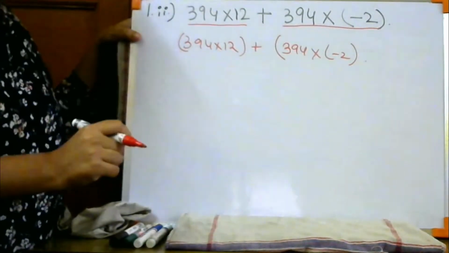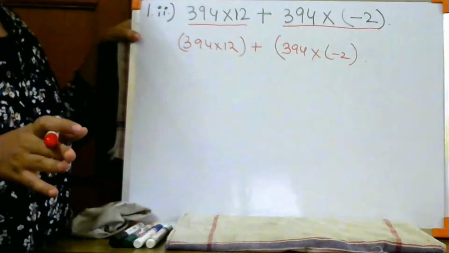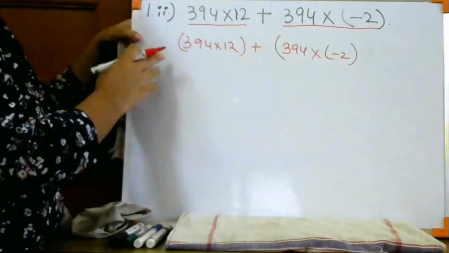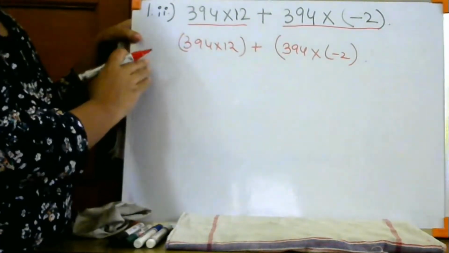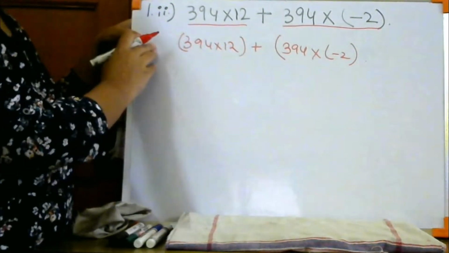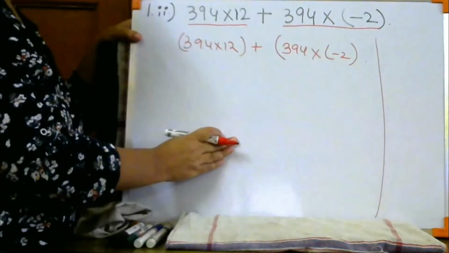In exams, classwork you are not submitting to me. Classwork will be with you only. But in homeworks, when you are solving these kinds of sums, and if you require rough work, you are going to draw a rough column like this and solve in the rough column.